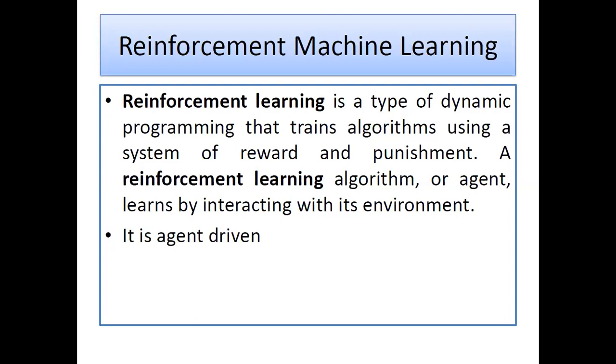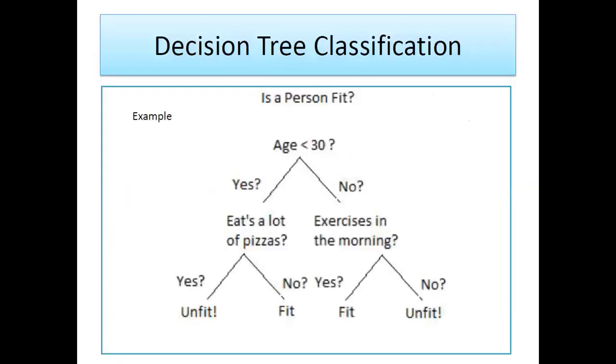We will not be going much into this definition and activities today, because we will be following a particular path, which is from supervised learning to a decision tree. We'll get back in some other session to understand more about reinforcement learning. We'll now be entering into decision tree classification.